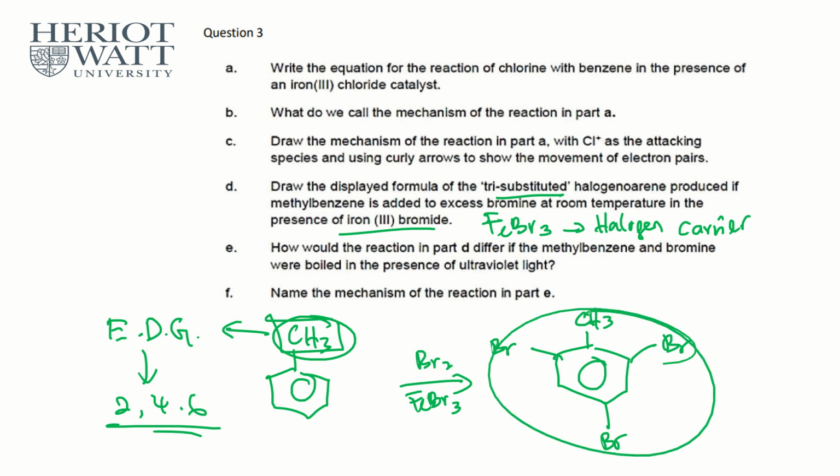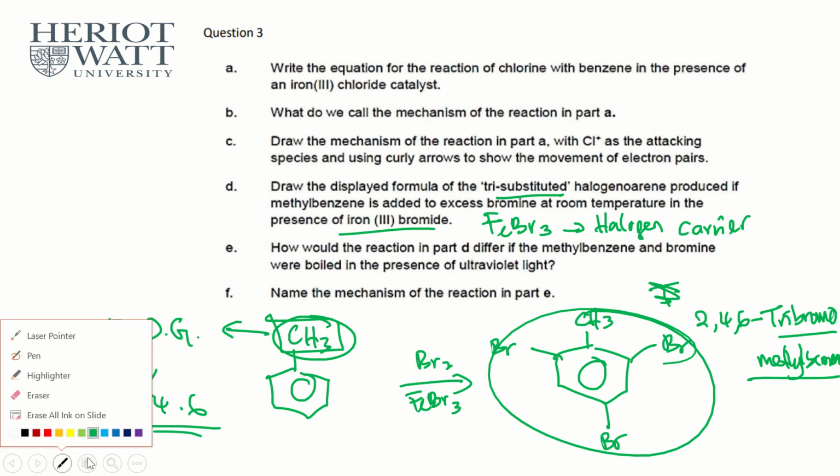Okay, so this is what they want for part D. This is the formula they want. A tri-substituted bromine product. So what do we call that? It's actually 2, 4, 6-tribromomethylbenzene. Simple. Okay, tribromomethylbenzene. That is for D.